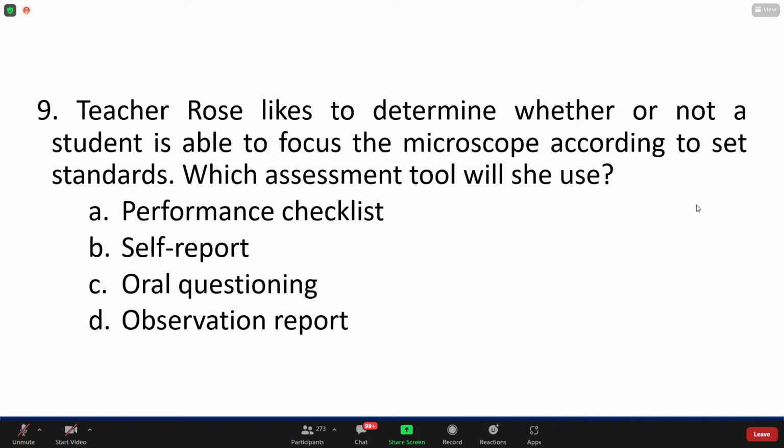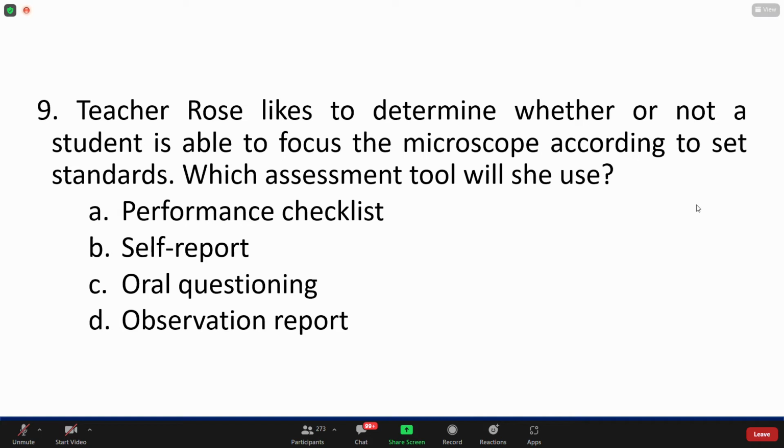Yes po. 9, a teacher wants to determine whether or not a student is able to focus the microscope according to set standards. Which assessment tool will she use? A, performance checklist, B, self-report, C, oral questioning, or D, observation report. D po, sir.